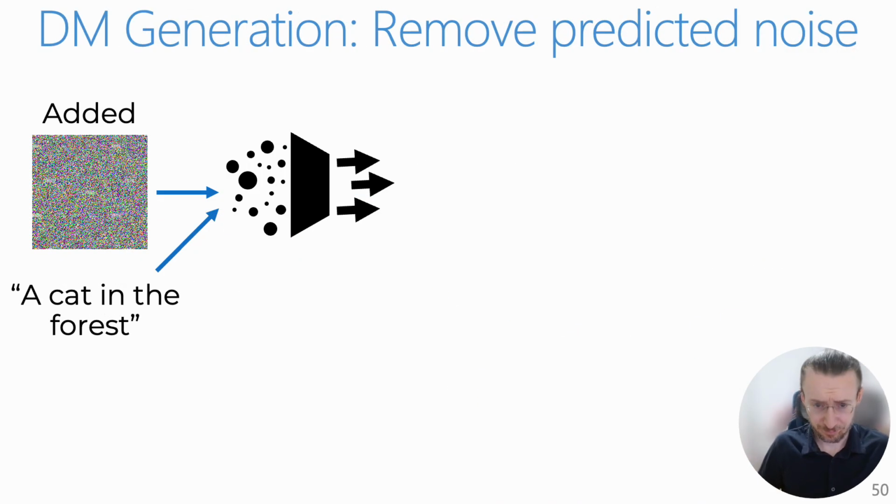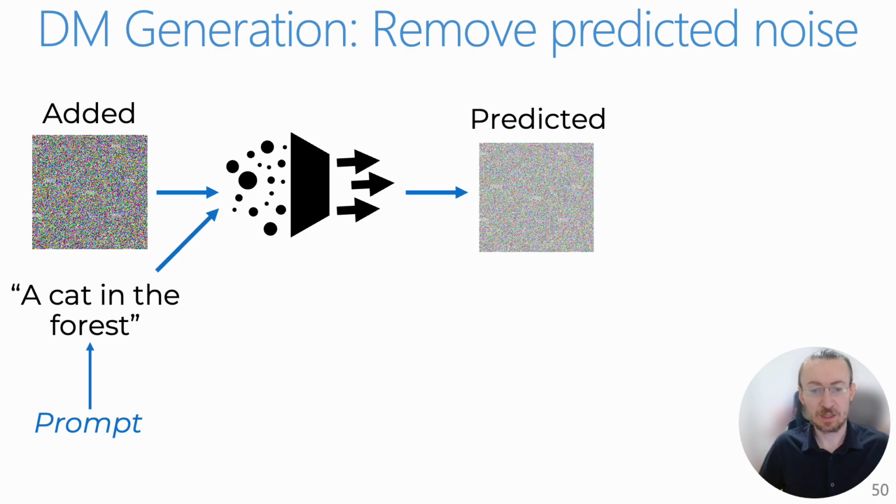So how do we then generate images starting from a random noise? We have this random noise generated at the very beginning, and we also have a prompt that conditions how the diffusion model should generate the images. We give to this diffusion model the prompt a cat in the forest and just this random noise. This a cat in the forest is just called a prompt. This is the part that is provided to the diffusion model to condition it, to guide the diffusion model on what to generate.